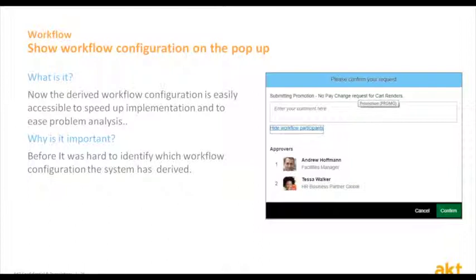Sometimes the only option you had was to slightly change the workflow participants in order to differentiate between the different workflows. It is now possible to see which workflow was configured and which the system has derived simply by hovering over the text, and the workflow code would be shown, as you can see here on the screen.